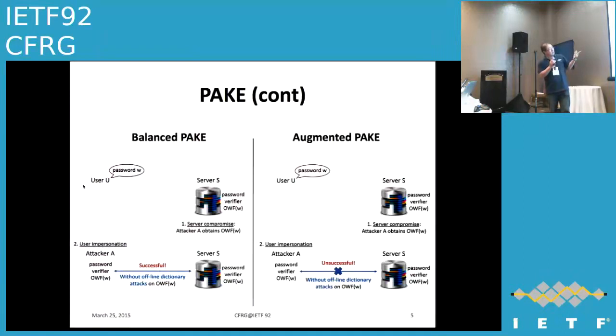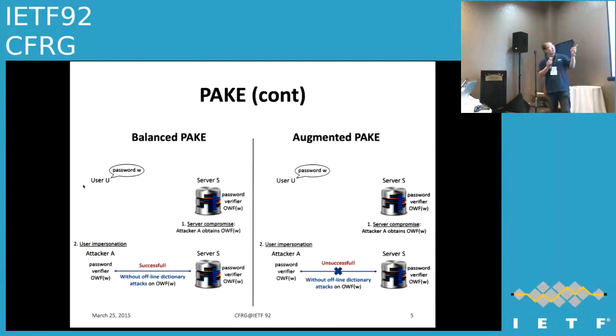Now the server is compromised, and an attacker obtains the password verifier. In balanced PAKE, the attacker who gets the password verifier can successfully impersonate the user with the server. Actually, this attack doesn't require offline dictionary attacks on the password verifier.